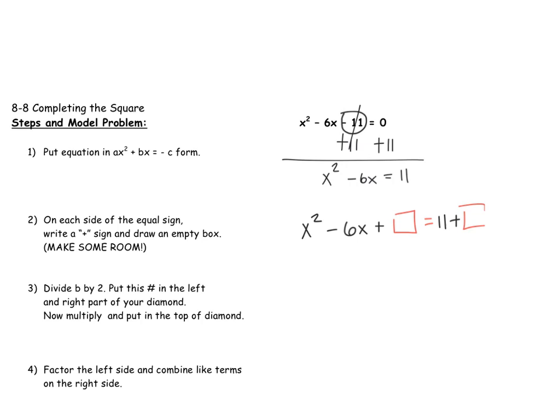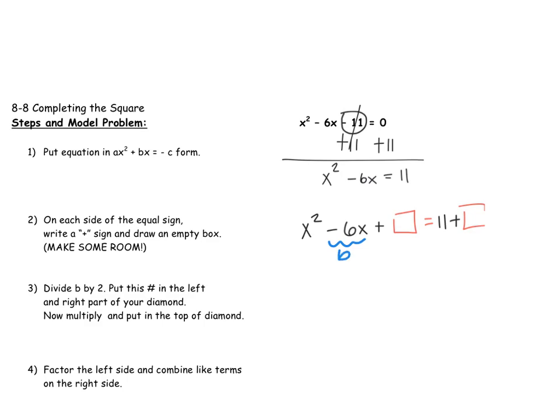Step 3, divide your middle term or your b value by 2. Put this number in the left and right part of your diamond. Now multiply and put it in the top of your diamond. So now we're going back to the diamond method. So I'm going to draw my diamond. For this example, my b value, I'm going to underline in blue. This is your b value.